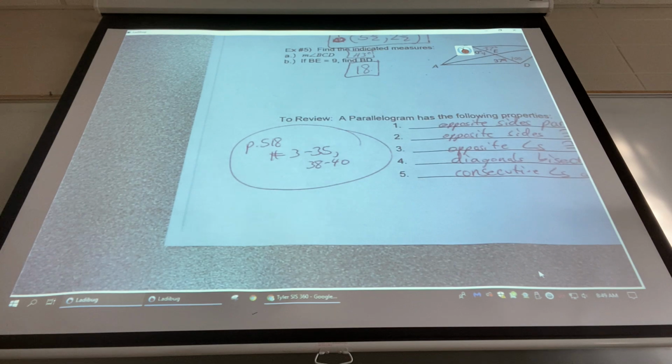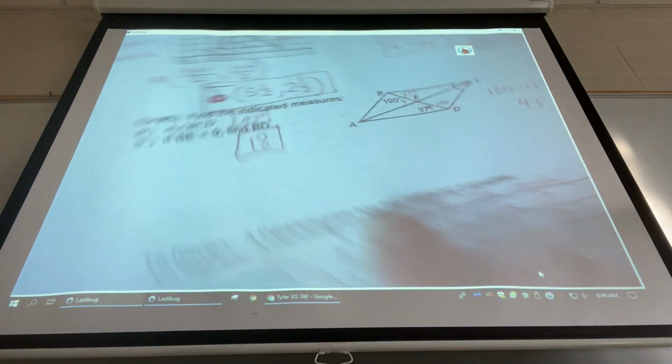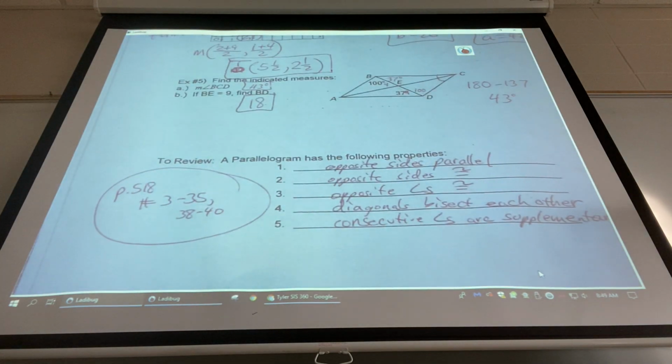Just so you plan ahead, we're going to learn about 8.3 tomorrow, and maybe get our tests back as well. And I'd like to quiz probably on Thursday over 8.2 and 8.3. 8.3 is proving things are parallelograms, so it's kind of going backwards with some of this stuff.